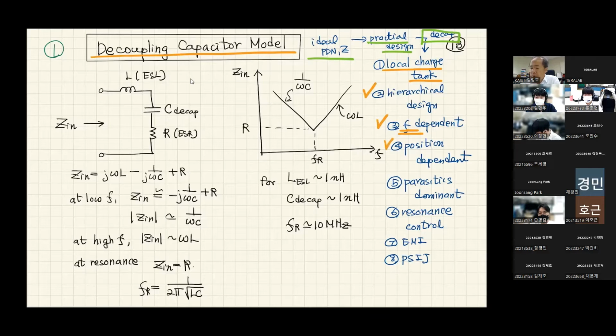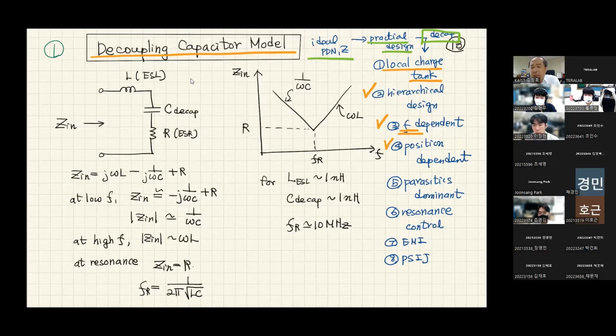Also, we have to put decoupling capacitors in a hierarchical manner in terms of position. Some high frequency components have to be placed as close as possible to the core circuit or I/O circuit, because there is a propagation speed limit of the wave from the decoupling capacitors to the chip, to the circuit.